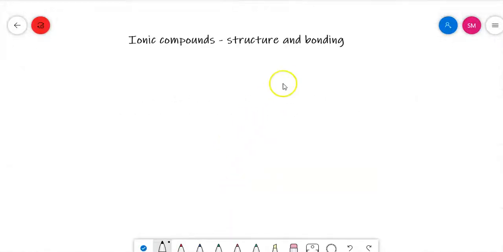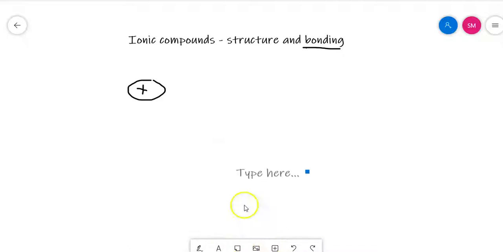We'll start by looking at the bonding part of ionic compounds. So what is an ionic compound? First of all, you have a cation, and this is almost always going to be a metal.